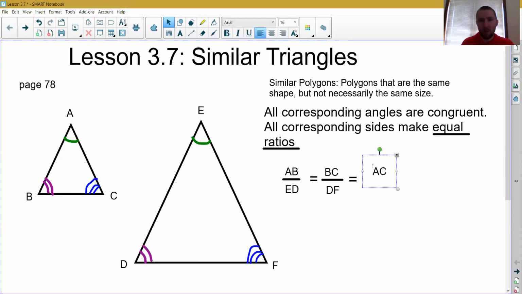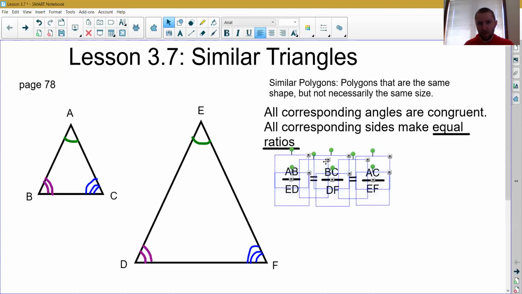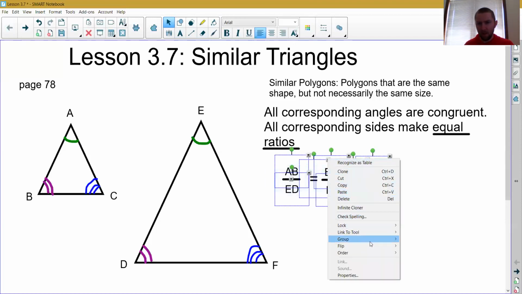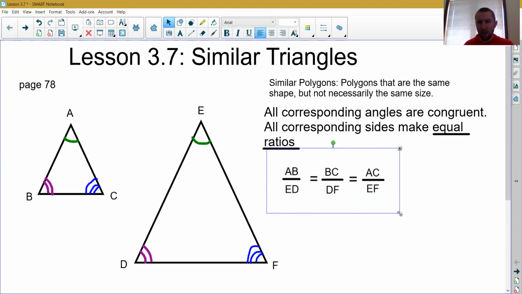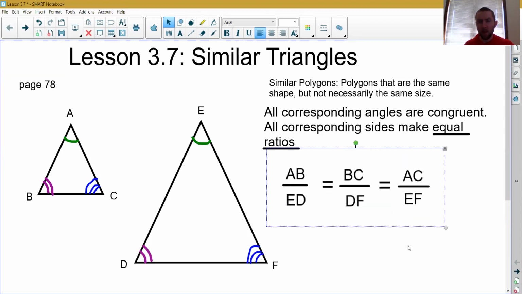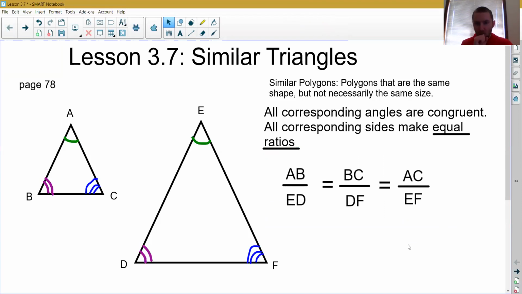The third side would be AC, on the top of the fraction, that's the smaller triangle, over, in this case, EF. These three fractions, I group them all together. Those three fractions all have to be equal to each other.